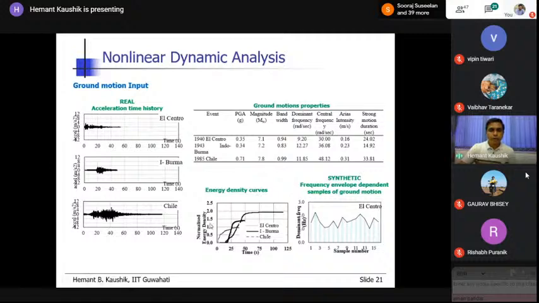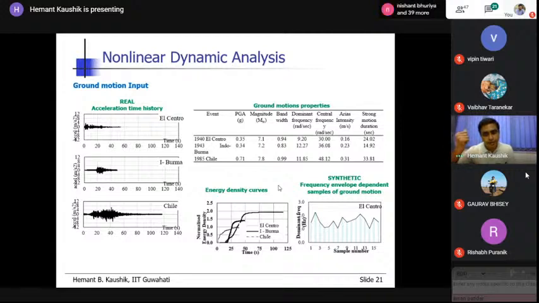The energy density curves for these 3 different ground motions are shown here, using which you can compute the properties. Sometimes people develop their own synthetic ground motions. Somebody was asking how to change any given ground motion to a synthetic ground motion such that the response spectrum developed for the synthetic ground motion becomes similar to the design response spectrum.